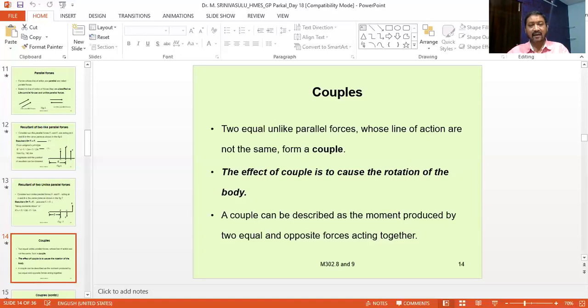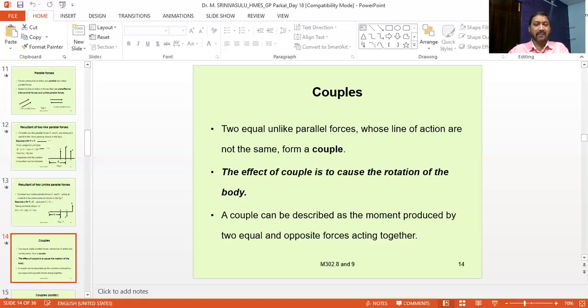If the distance between them is zero, that means if the two forces act at a point, then the couple is zero. They won't produce any couple. But if the two equal and opposite forces are separated by some distance, then only they produce some effect and they are called a couple.